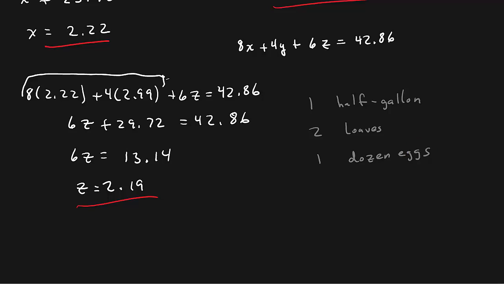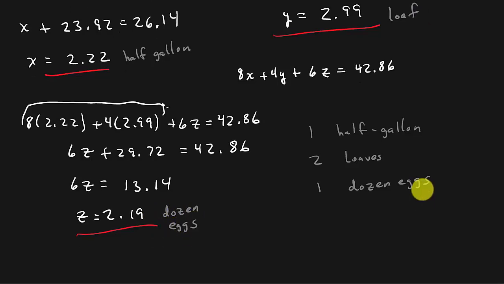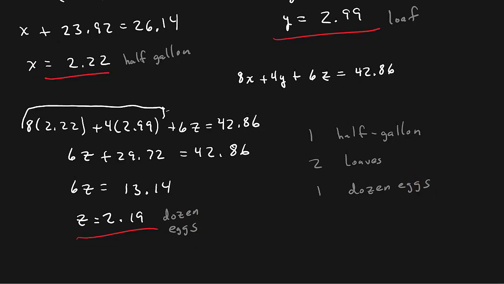So remember this x here, that represents the price for 1/2 gallon. The y represents the price for a loaf of bread. And this represents the price for a dozen eggs. Okay. And so we want 1/2 gallon, which is 2.22, plus 2 loaves of bread.